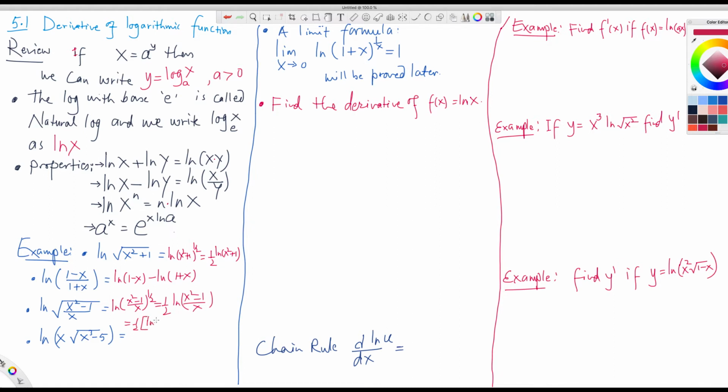So you can write ln x squared minus 1 minus ln x. That's it. Okay. So the last one is, there is the product, right? And then the second term in the product has the root. So how can you write that? You can write this as ln x plus ln root of x cubed minus 5.